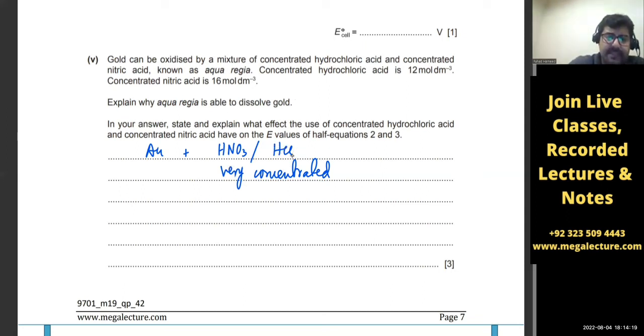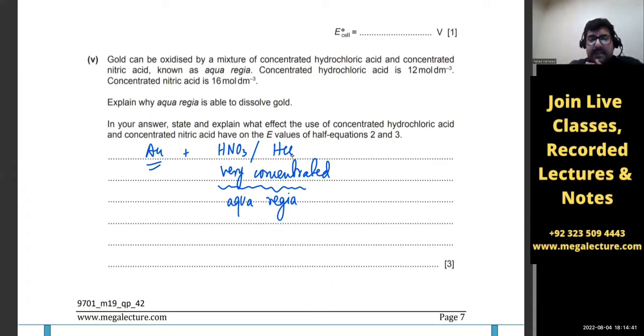This entire thing is, according to the question, if you read the statement, this is aqua regia, right? And he's saying that aqua regia is able to dissolve gold. So the gold is able to turn into gold ions. It's able to dissolve that.